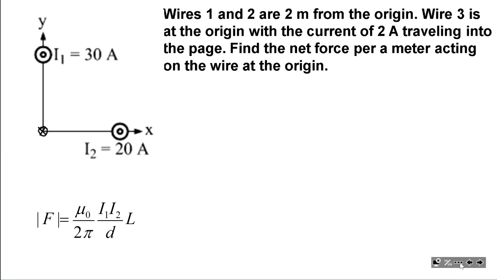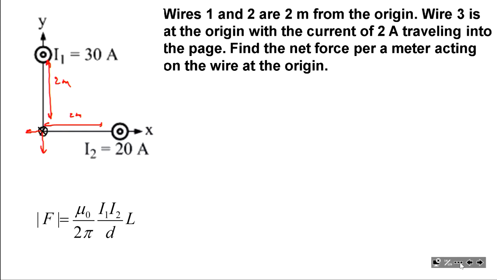Now, it means that it's being repelled. So this distance is equal to 2 meters. This distance is equal to 2 meters. Distance is the same, but the current number 1 is stronger, so the force will be stronger.